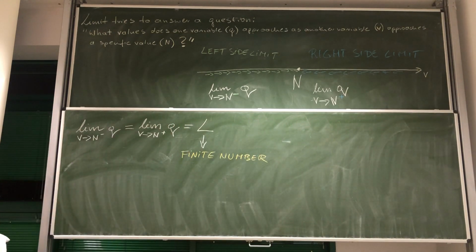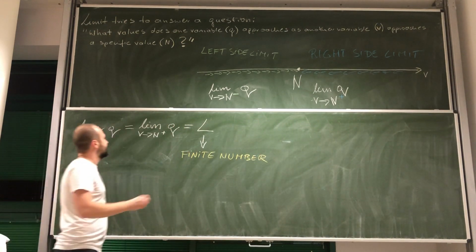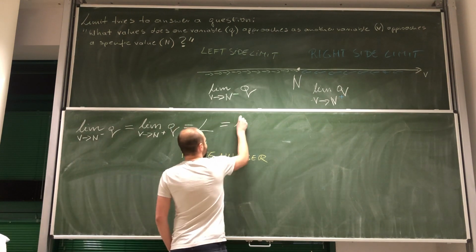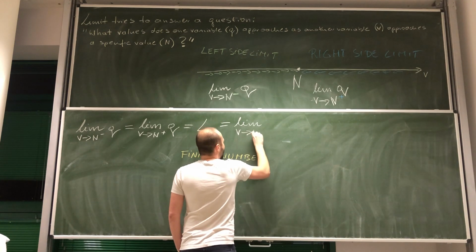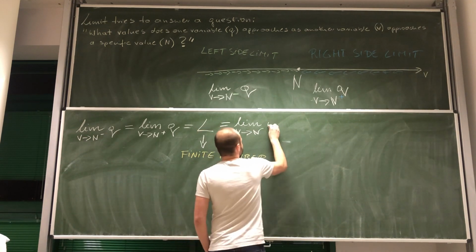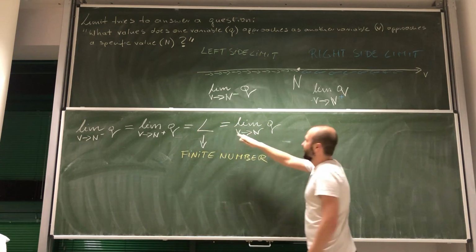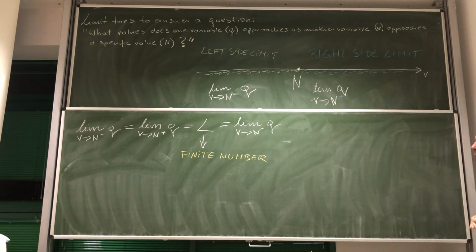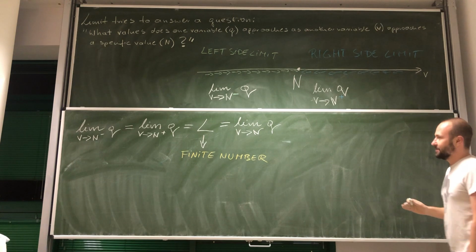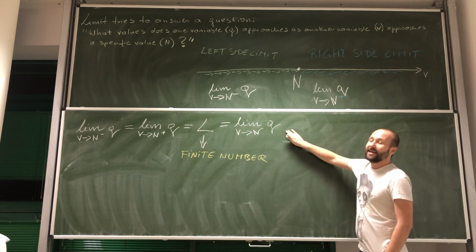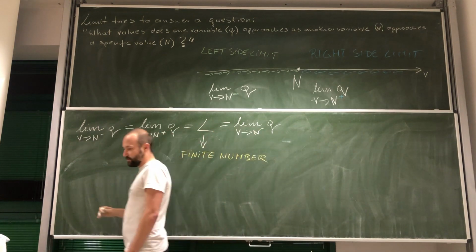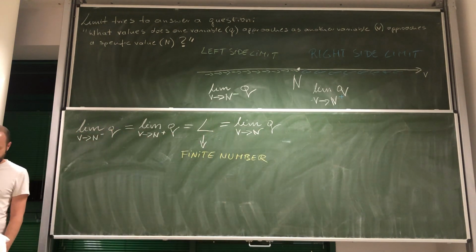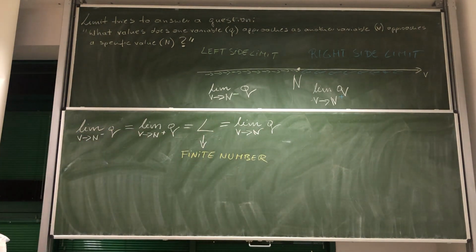In this case, we can say that the limit with v approaching n is equal to the limit with v approaching n from either side, and this limit exists, and it is equal to the finite number we've been talking about.